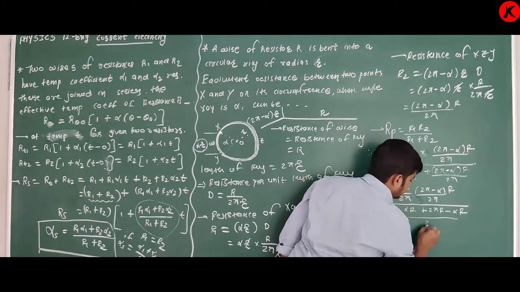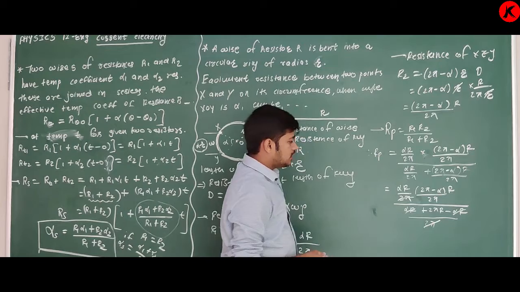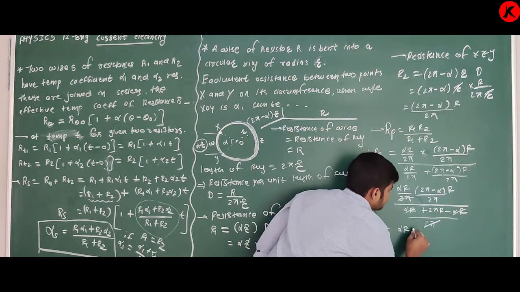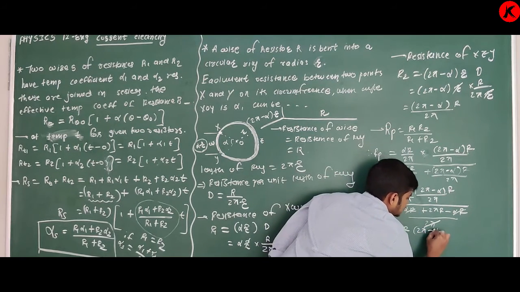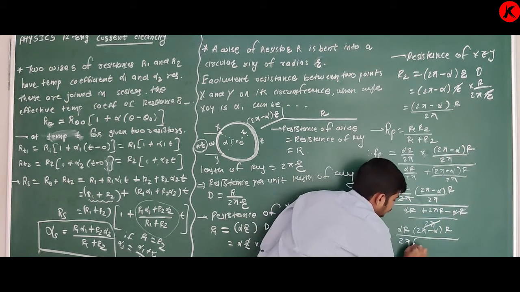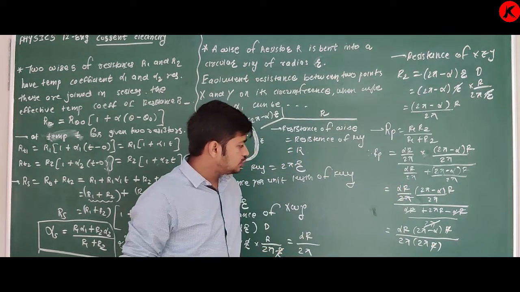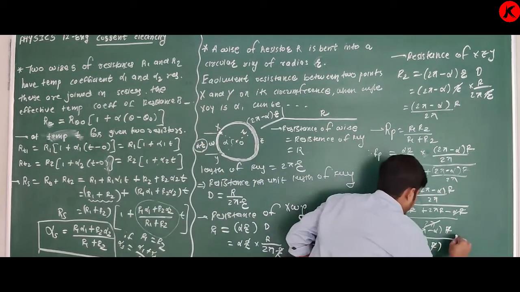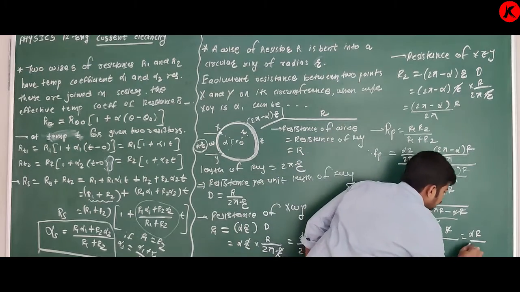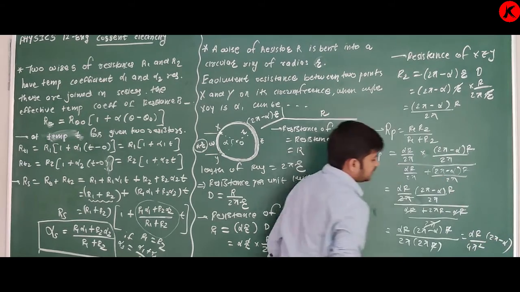One 2 pi cancels, alpha R cancels, and the remaining terms are alpha R into 2 pi minus alpha into R divided by 2 pi, and 2 pi R. R cancels. Any doubt? So it is alpha R divided by 2 pi into 2 pi, which is 4 pi square, and here 2 pi minus alpha.